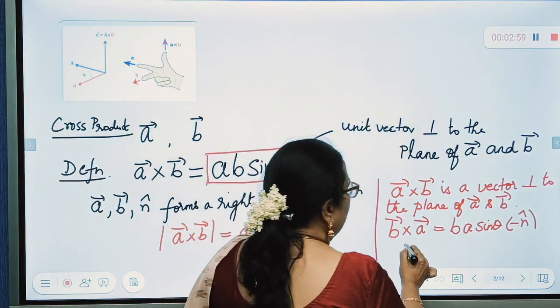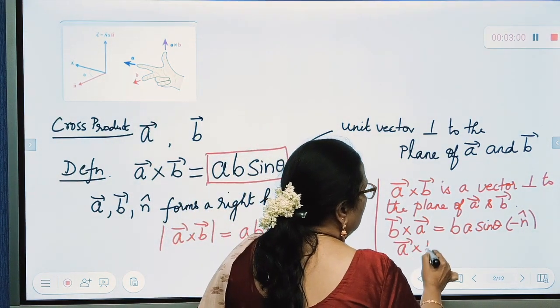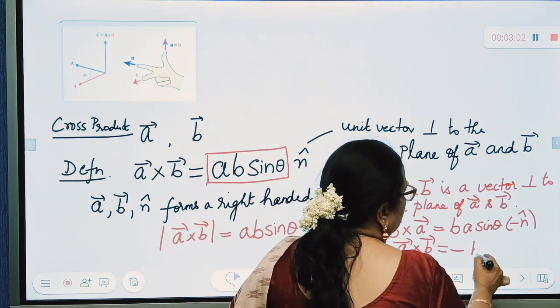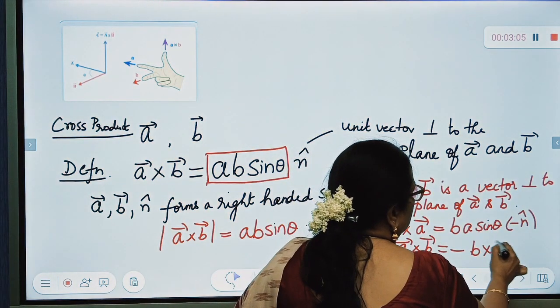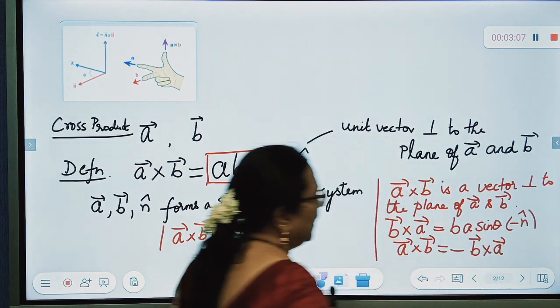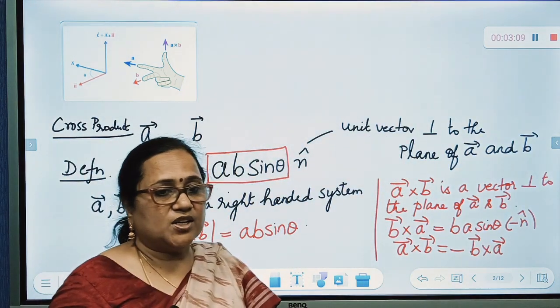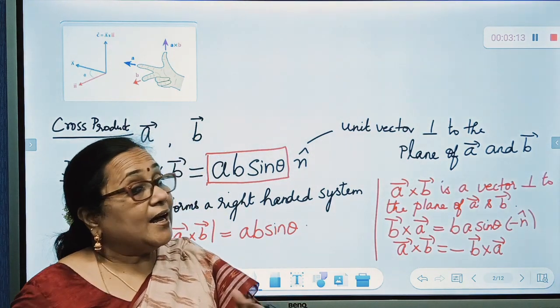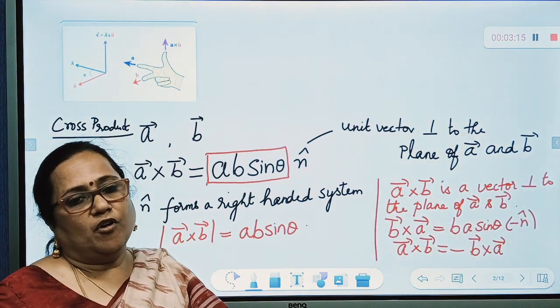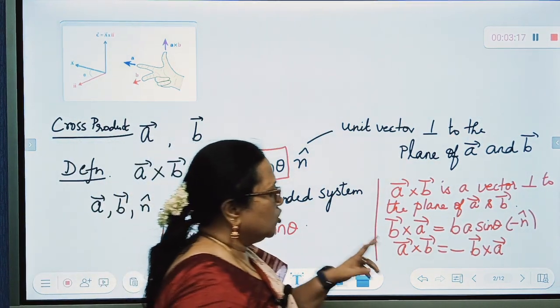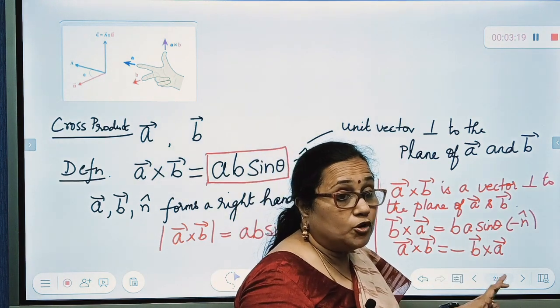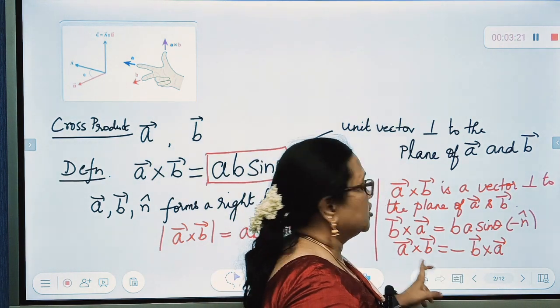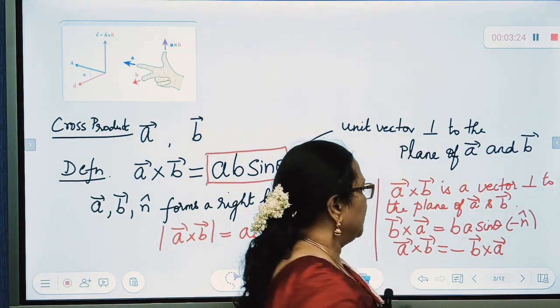Therefore, A cross B is equal to minus B cross A. If A, B, n vector forms a right-handed system, then B, A and minus n vector will form a right-handed system. So cross product is not commutative. In fact, A cross B is minus of B cross A.